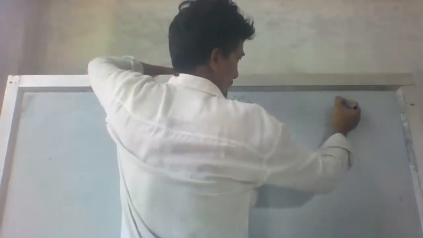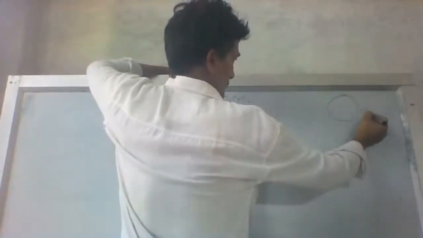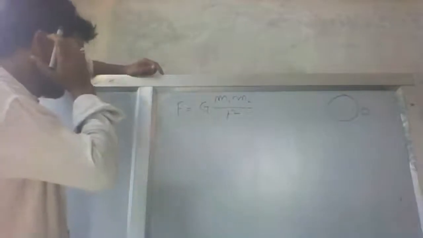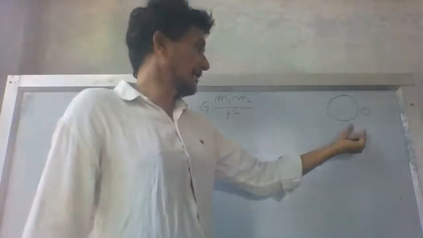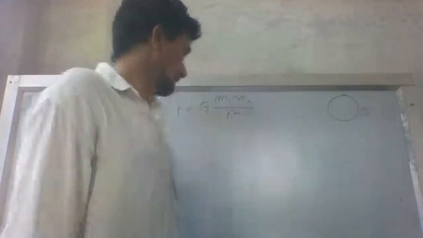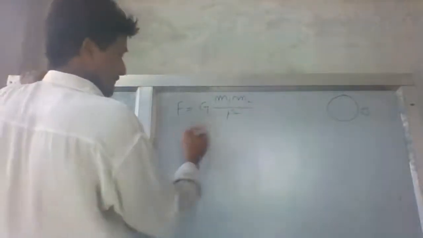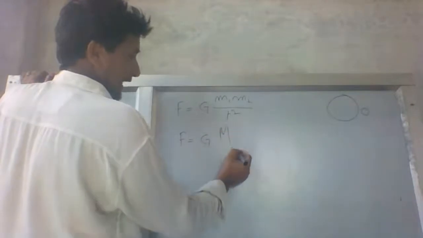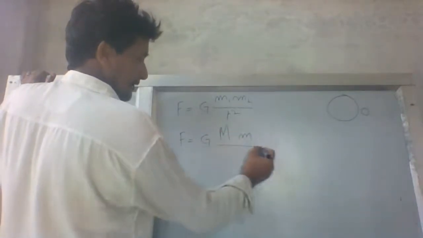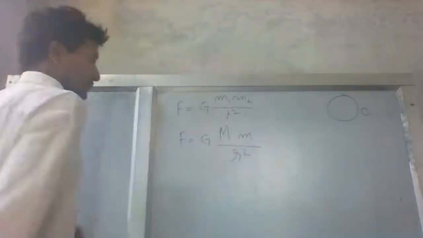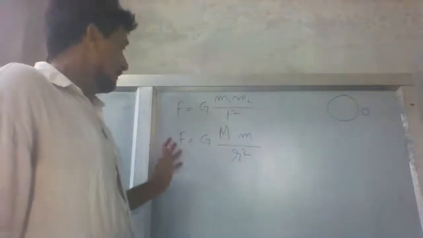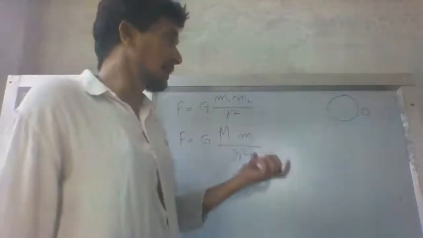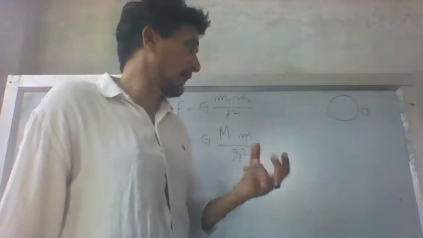If one body is Earth, or any planet, and the other body is a small body having mass on the surface of Earth, then what happens? F is equal to G, a bigger body M, a smaller body m, upon the distance between these two R square. That force is called the gravitational force, and it will be applicable on that small object.